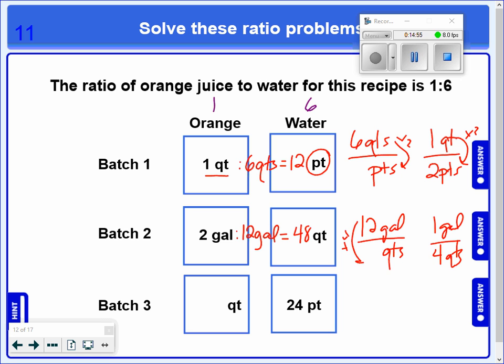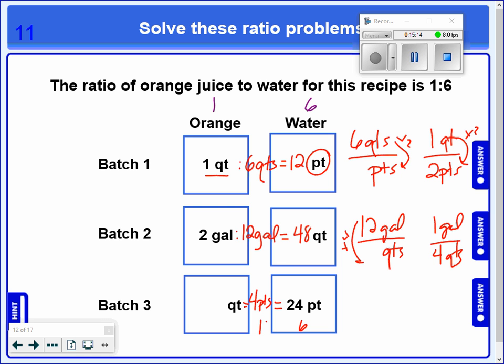Okay? And then down here, if it was already 20, they gave us the pints this time. And that is my 6. So if it's a 1 to 6, this is the 6. So to get back to the 1, we're going to divide by 6, so that would be 4 pints.